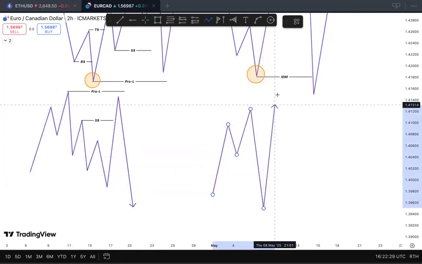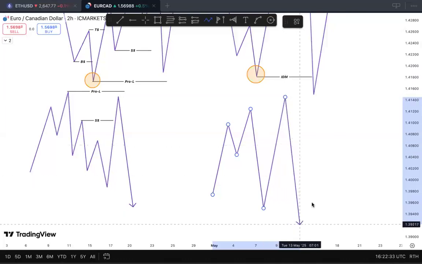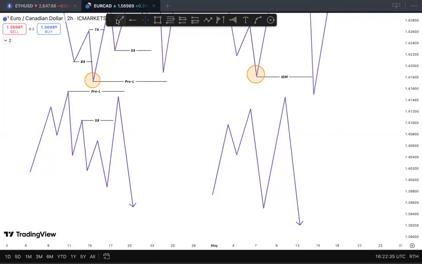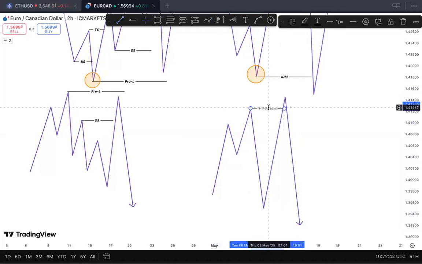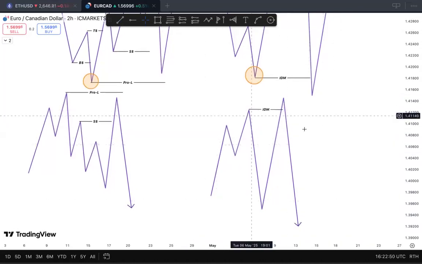Let's see. And then what happens? Boom. So what happens here? This becomes inducement. Okay. So you don't want to trade this.